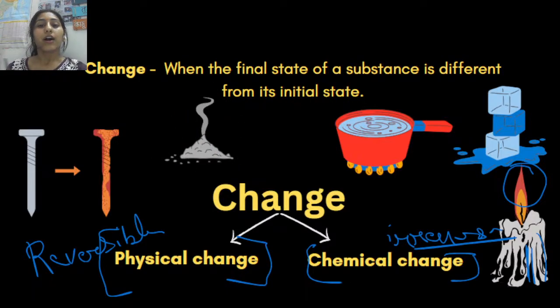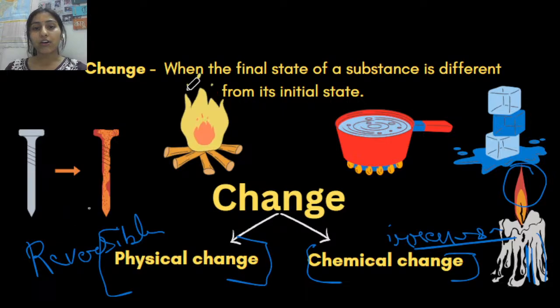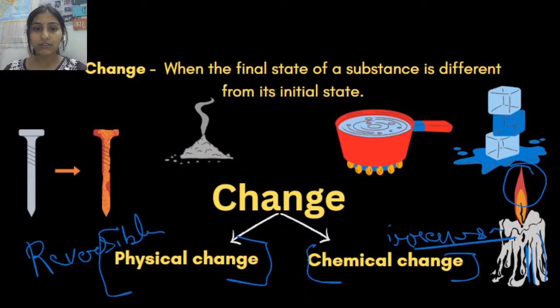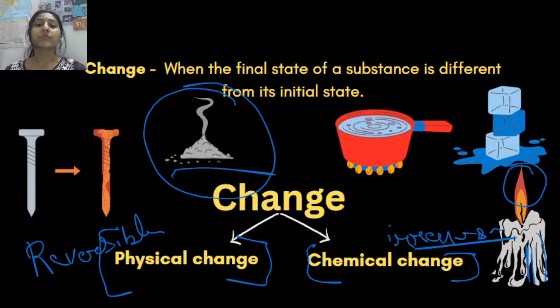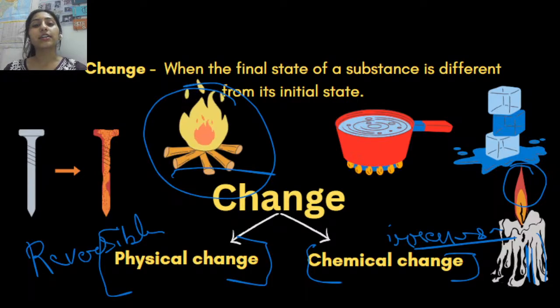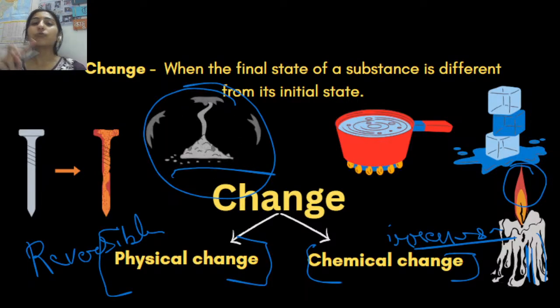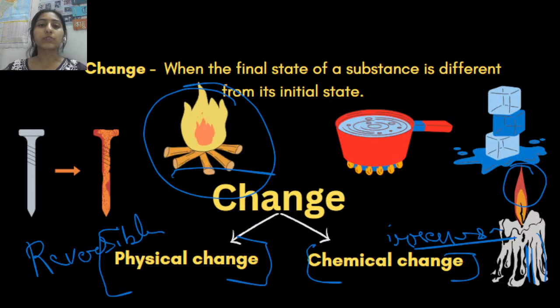Another example we can take is this fire. The fire is burning over here and it is resulting in the formation of ash. So we are burning wood and it is resulting in the formation of ash. We cannot undo this process. We cannot make wood from the ash.